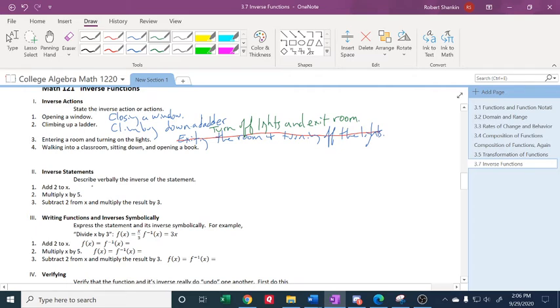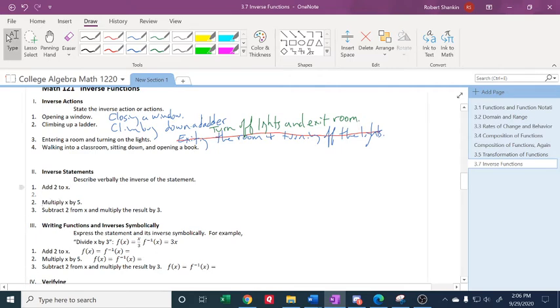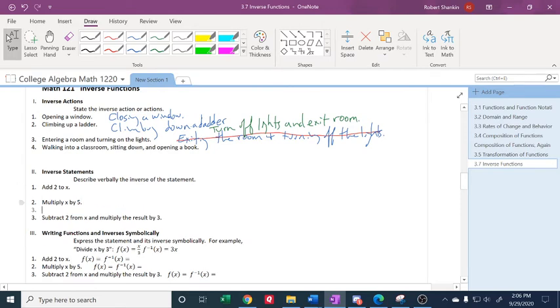Okay. Group 4. What do you have for number 1? Group 4, you got anything? Let's go to group 3. Add 2 to x.